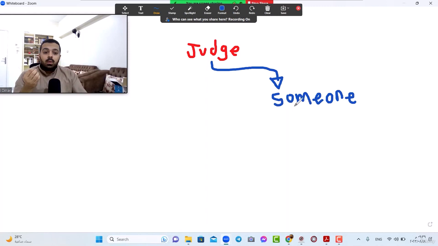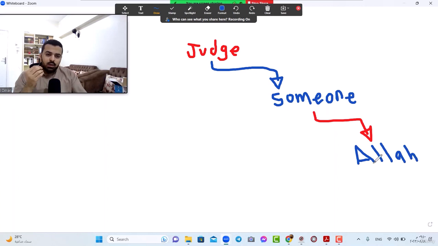If it's a heavenly essence, so it's Allah or God, then these judgments are Sharia, or the revelation.